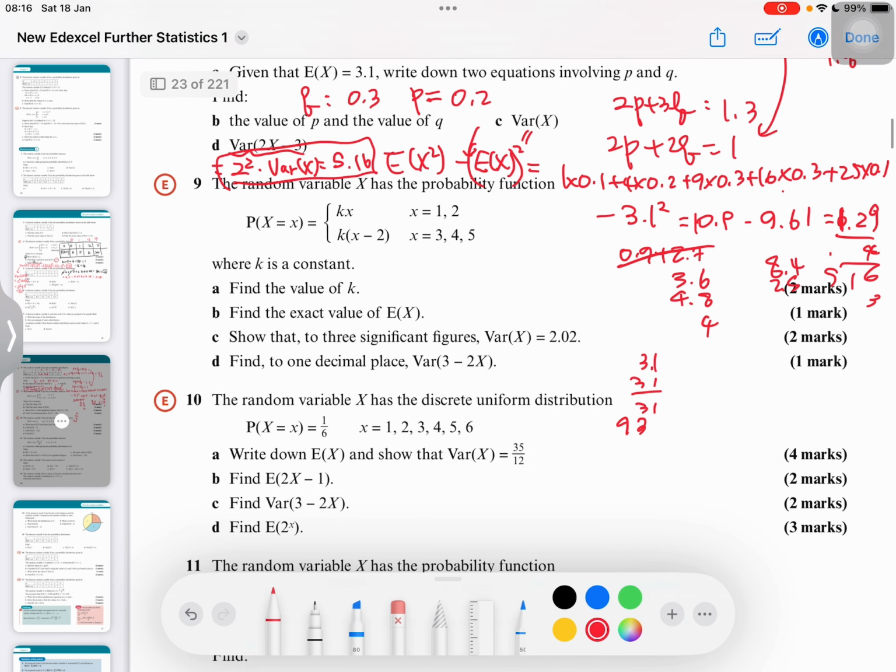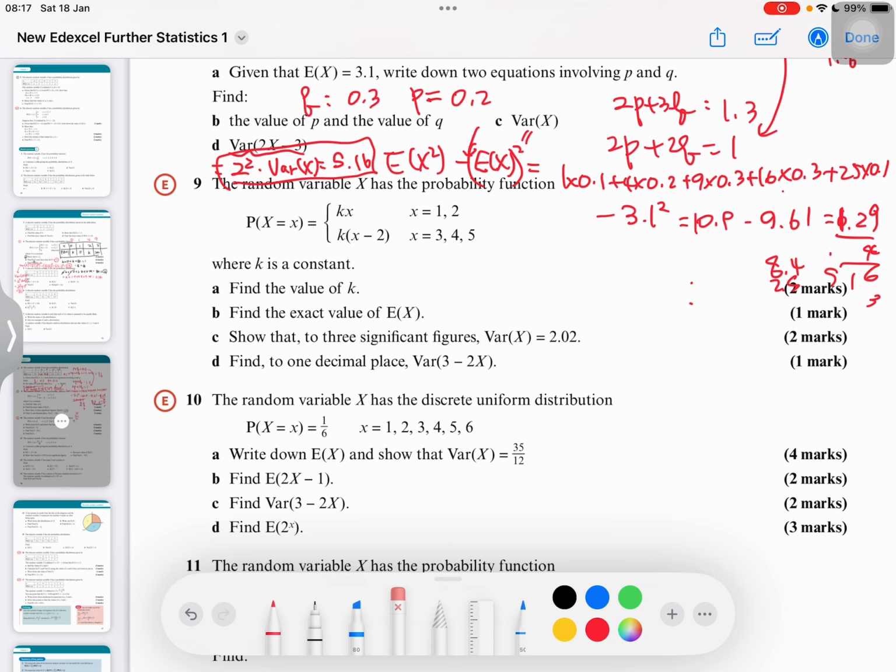And number 9: the value of k, the expectation, the variance 2.02, show that. But this is too repetitive, so I'll just explain it and skip it.